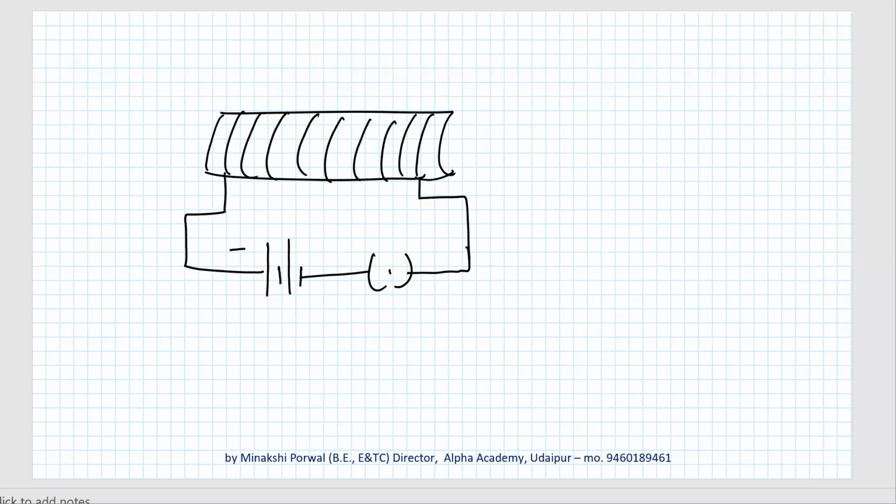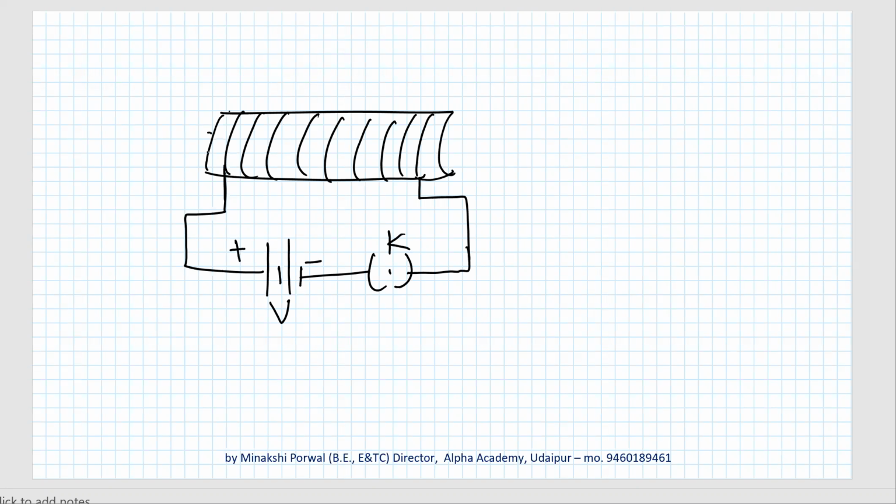So, okay, so there is a battery. Okay, and current is flowing through this coil.